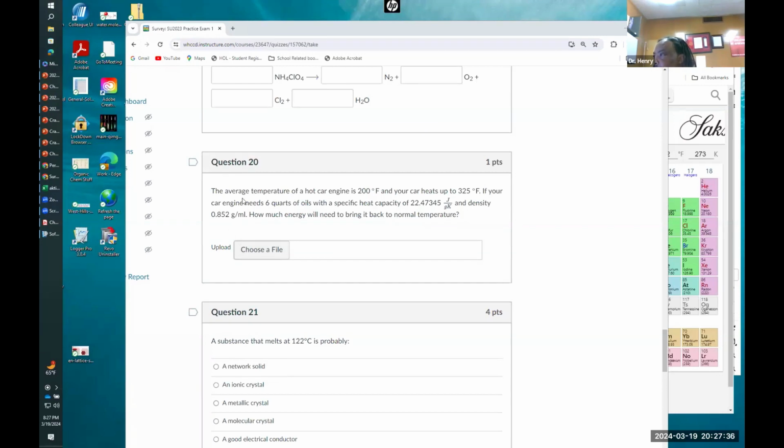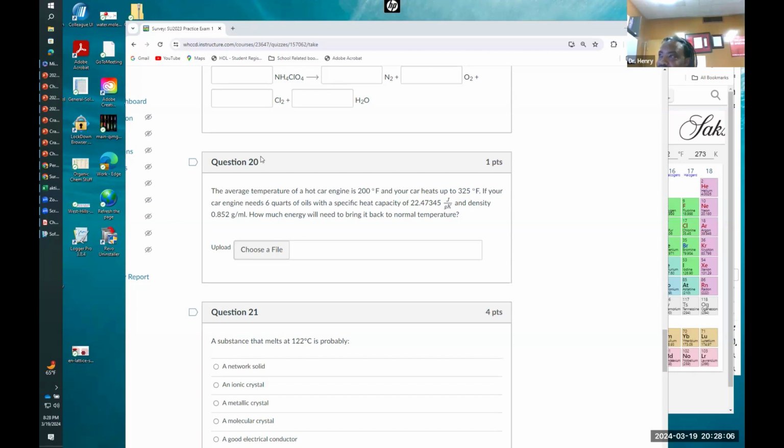Okay, it says the average temperature of a hot car is 200 degrees Fahrenheit, and your car heats up to 325 degrees Fahrenheit. If your car needs 6 quarts of oil with a specific heat capacity of 22.27345 joules per gram Kelvin.